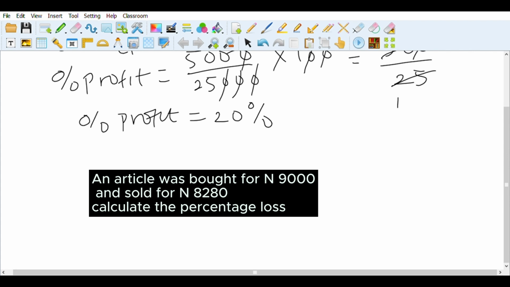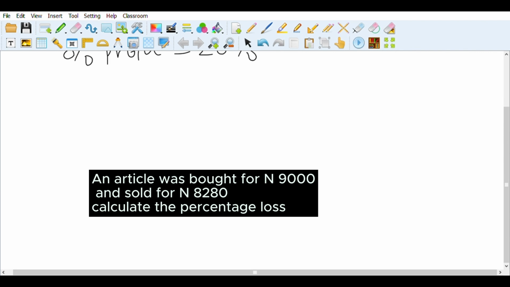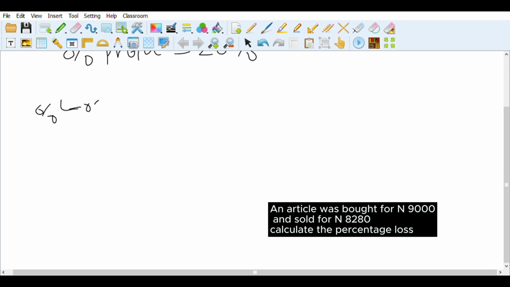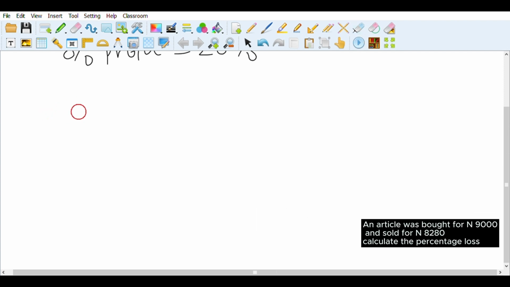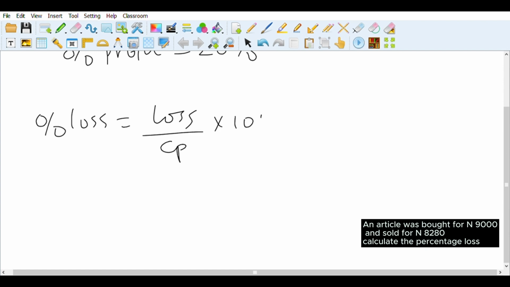So to calculate percentage loss, we know that percentage loss is the loss itself all over the cost price times 100.